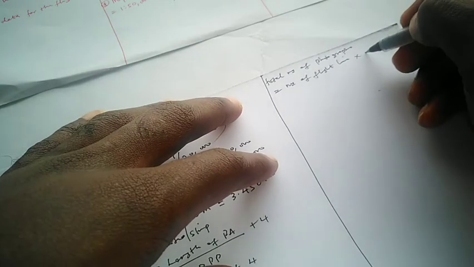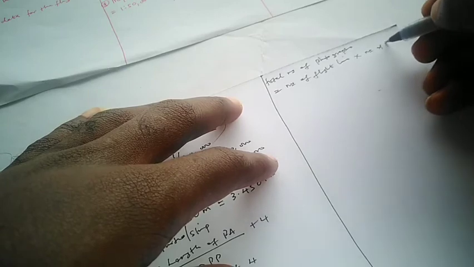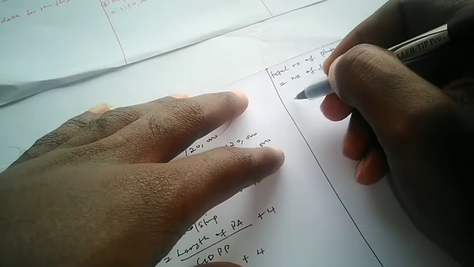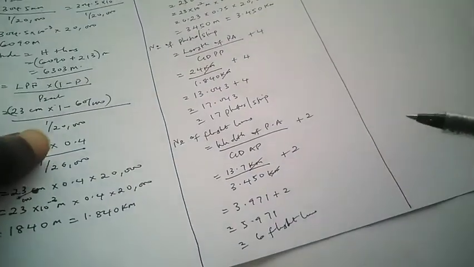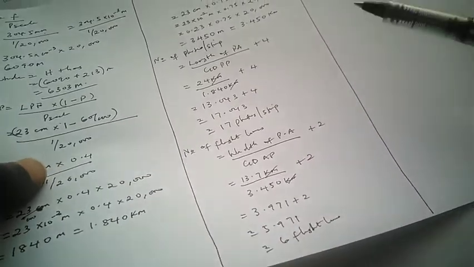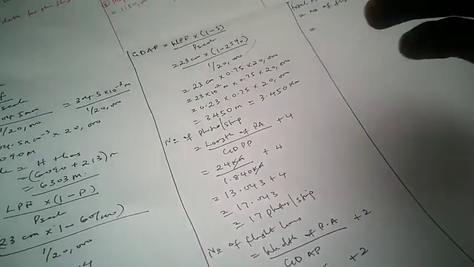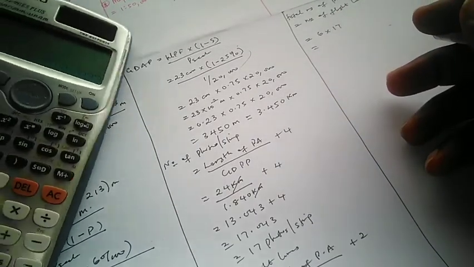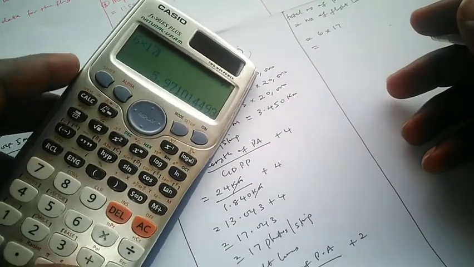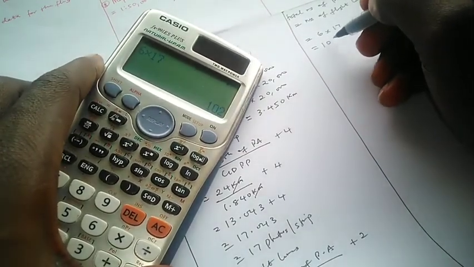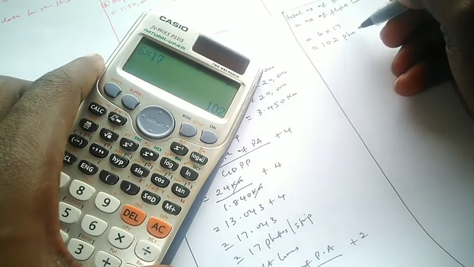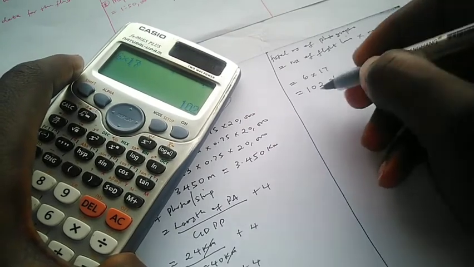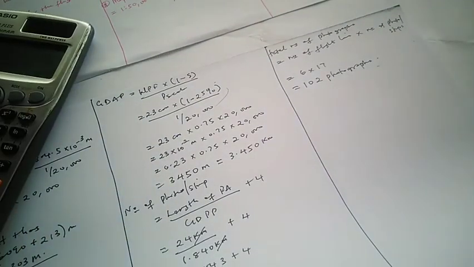The number of flight lines we have is 6, and the number of photos per strip is 17. So 6 times 17, we are going to capture 102 photographs. I hope we are really following the process.